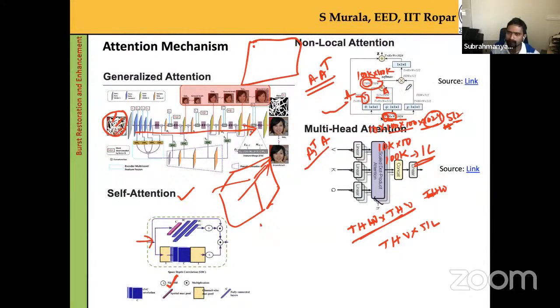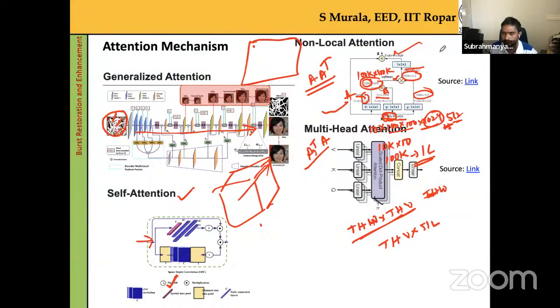And after that, softmax is there. On that softmax, which is 512 by 512, we multiply with THW by 512. So you will again get THW by 512 only. After that, we reshape back to the rows and columns. So that is called the transpose convolution, the transpose block.